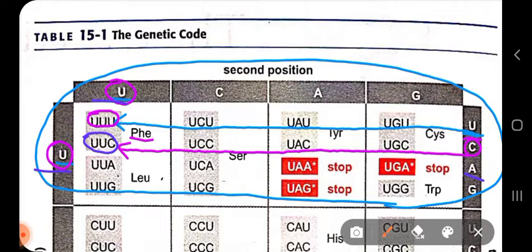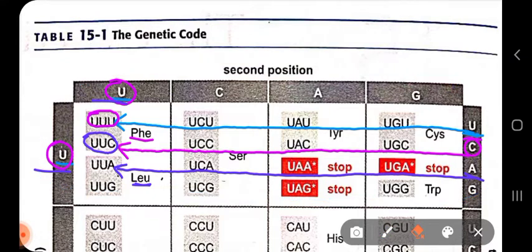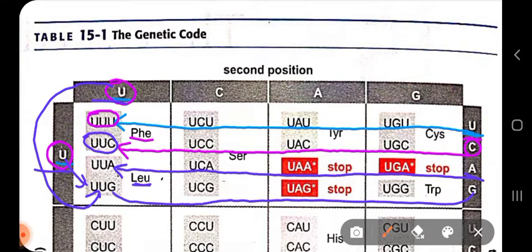Let us see what UUA means. UUA encodes leucine, and another amino acid. Then let us see UUG. The first letter is U, the second is again U, and the third letter of that codon is G. So UUG represents again leucine.